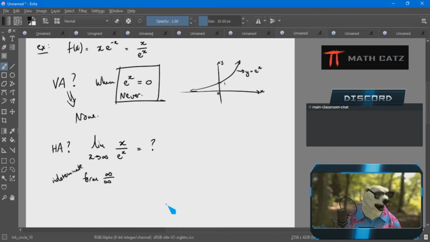When I have 0 over 0 or infinity over infinity, it is a pickle. We focused a lot more on 0 over 0, but we did see it for rational functions as well, that when I have infinity over infinity, really anything can happen. I don't know. I cannot determine just from looking at it what the answer is going to be. Okay, so here I have the same issue.